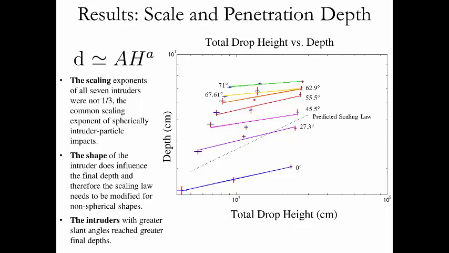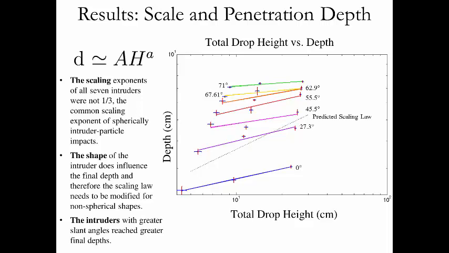And in this plot, the slope of the lines gives the exponent, the small a, in the equation at the upper corner. And the dotted line is the 1/3 spherical predicted scaling law, the one for the spherical intruders.